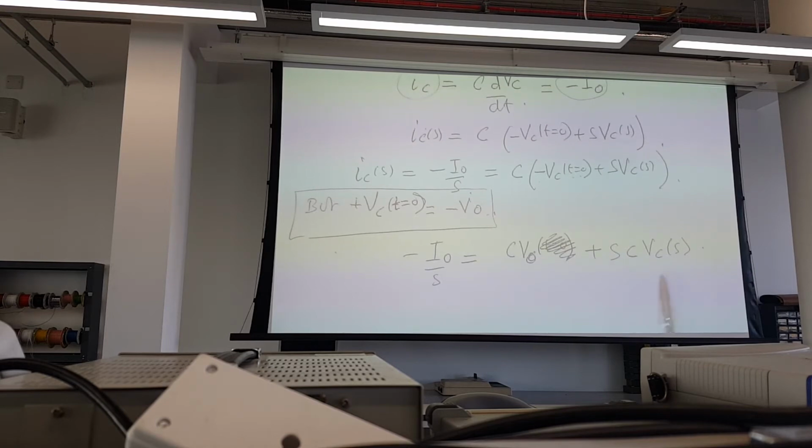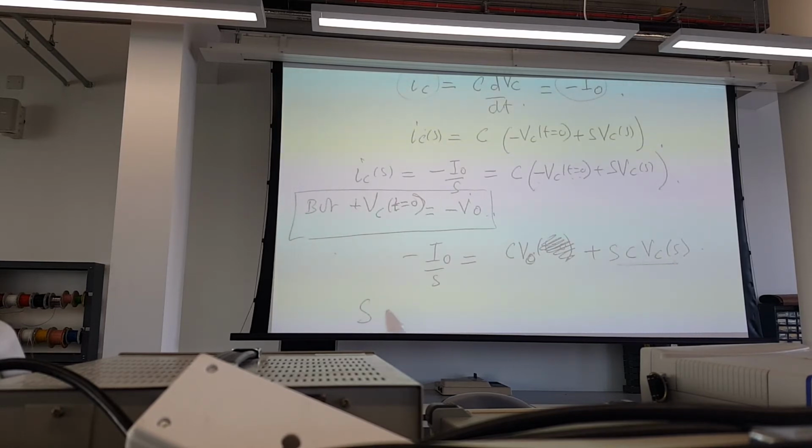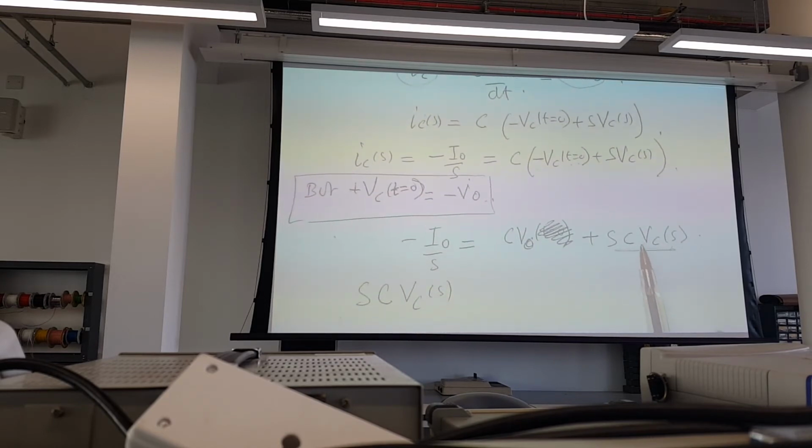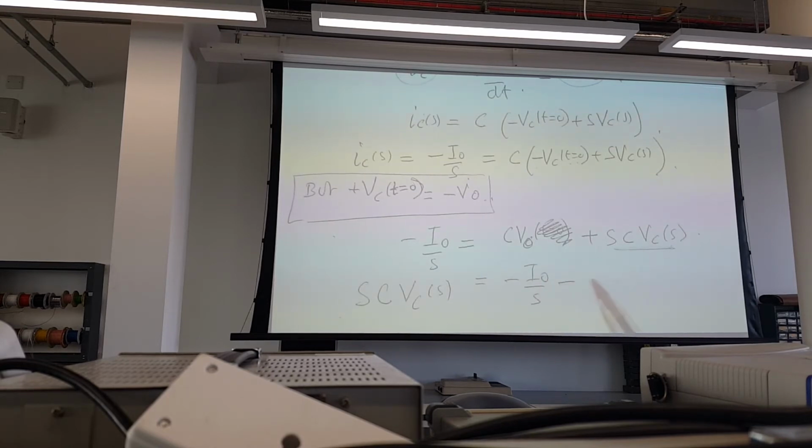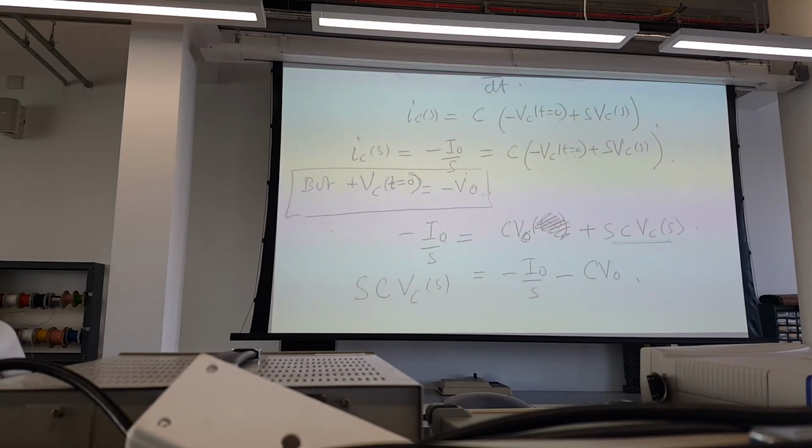Now, we want to determine what VC of S is. That's what we want to find out. So what we have to do is bring this onto the other side. So on the left-hand side we can have SC VC of S, which is this over here, equal to minus I naught over S minus C V naught, like that.